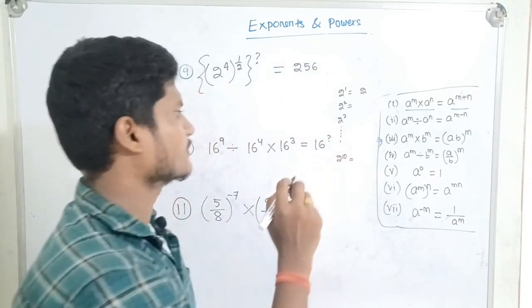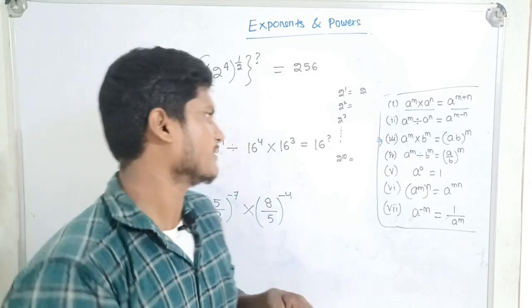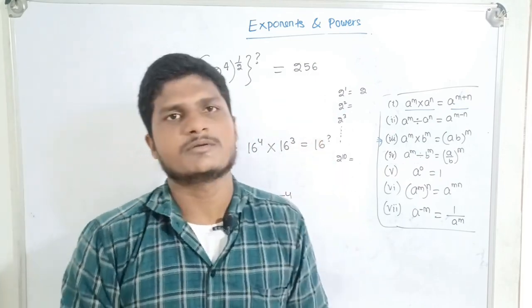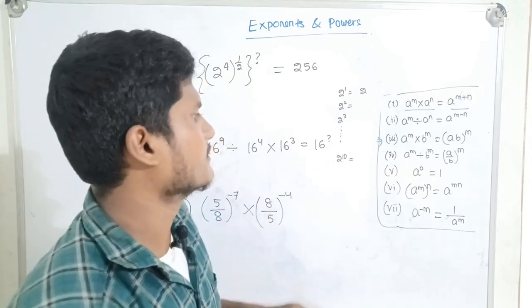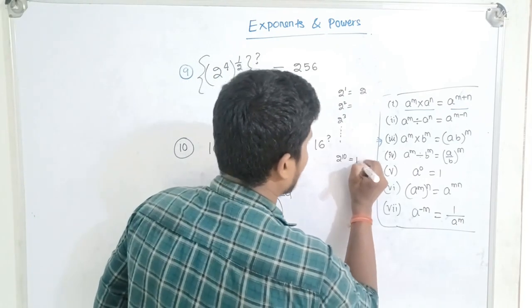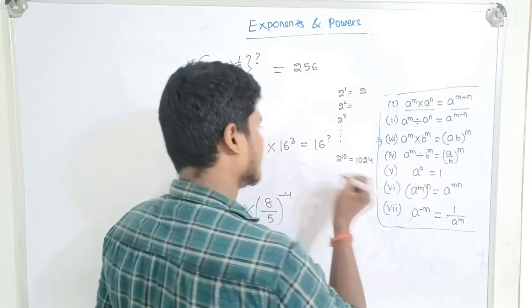This is the most key point for examinations, because powers of 2 are the most common. We can observe 2 to the power 10 is 1024.